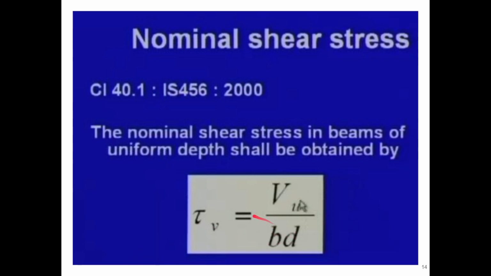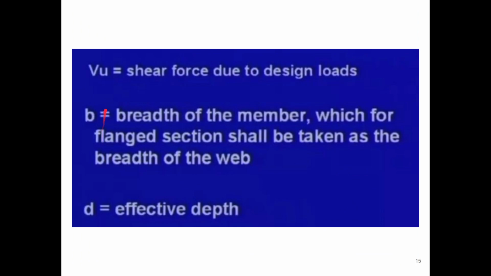So tau v will become Vu by bd. Vu will be the shear force due to the design loads. B will be the breadth of the member, which for a flanged section shall be taken as the breadth of the web. And d will be the effective depth, which we discussed in the starting classes.